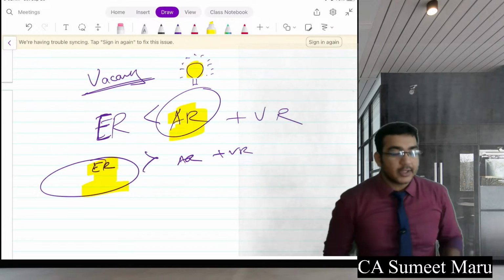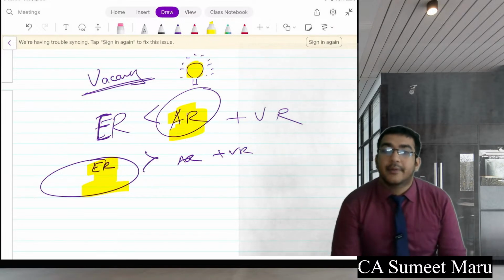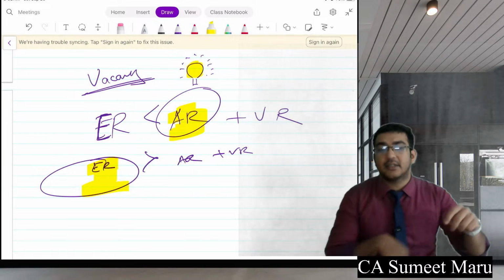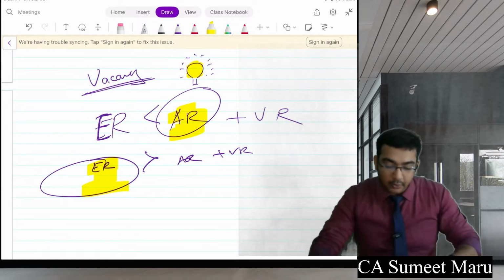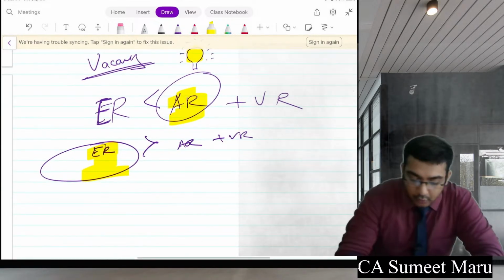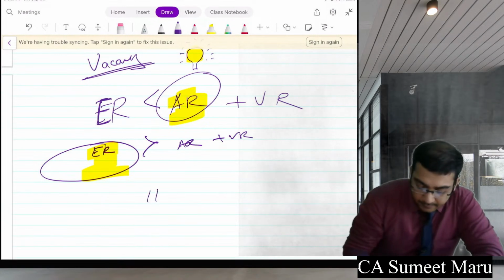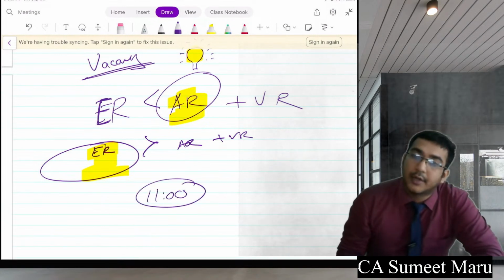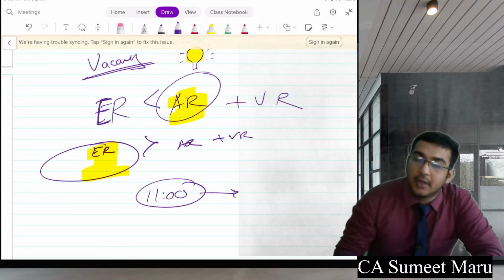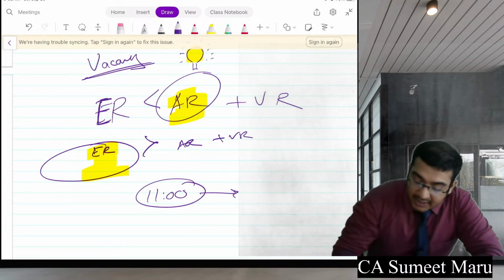I'll try my best to take all the concepts of this chapter. I will suggest that the question we have just done right now, go with that. It will help you a lot. Next session we are having right now today itself at 11. In this session we will start with salary, and we'll do capital gains.